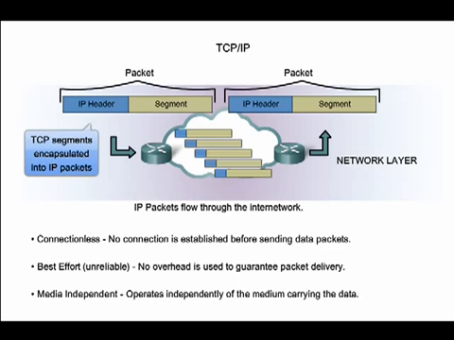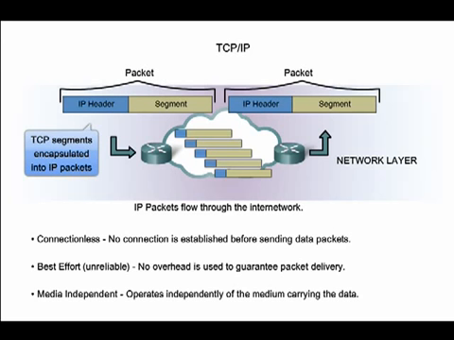IP was designed as a protocol with low overhead. It provides only the functions that are necessary to deliver a packet from a source to a destination over an interconnected system of networks. There are 3 main characteristics of IP protocol. It is connectionless, provides best effort delivery, and is media independent. Connectionless means that no connection is established between the source and destination before sending data packets.